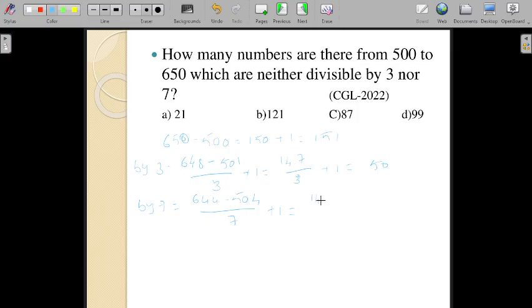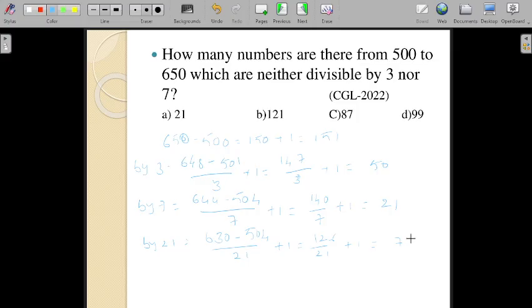Totally 140 by 7 plus 1, that means 21. Next again by 21, because the LCM of 3 and 7 is 21. Here the largest number is 630 and the least number is 504. Okay, here 126 by 21 plus 1, that means 6 plus 1 equal to 7.